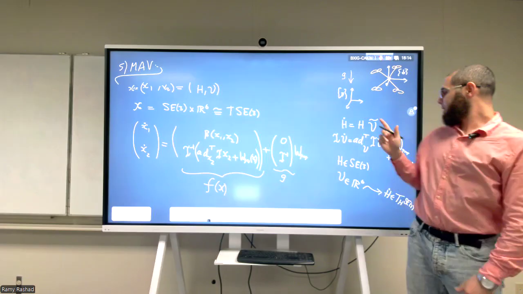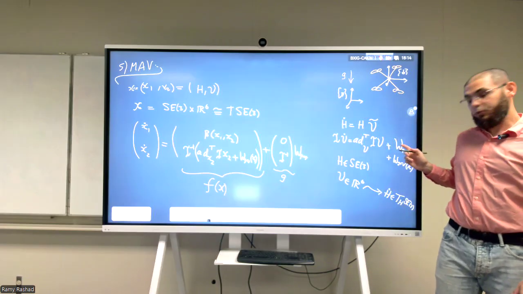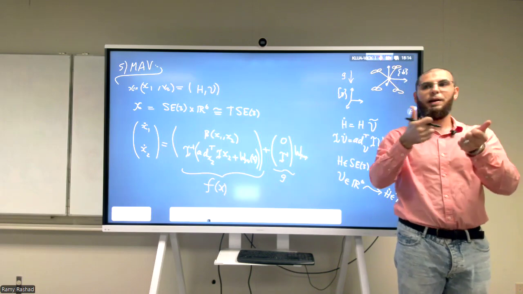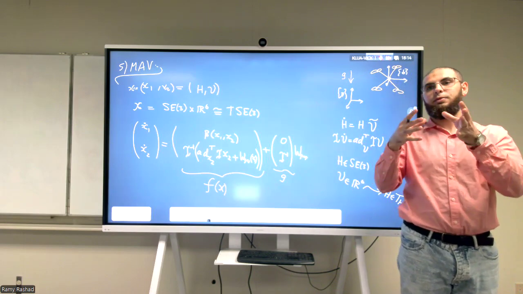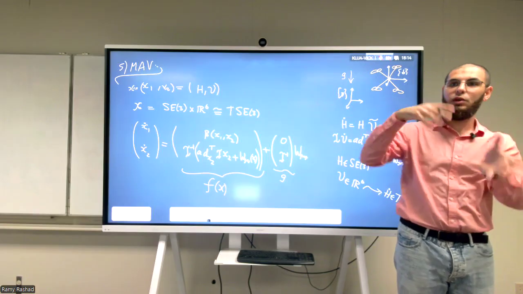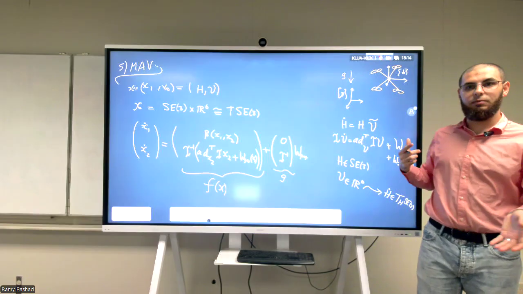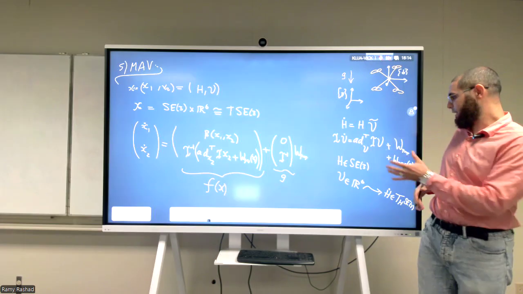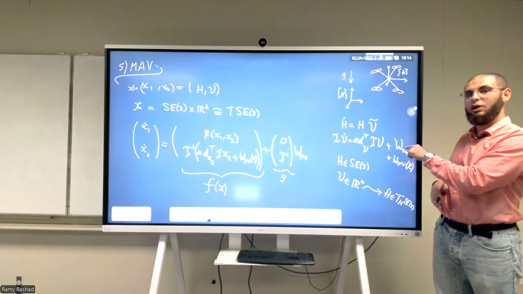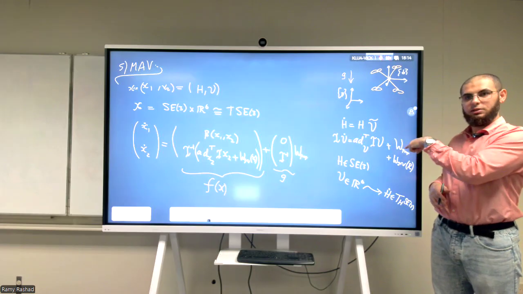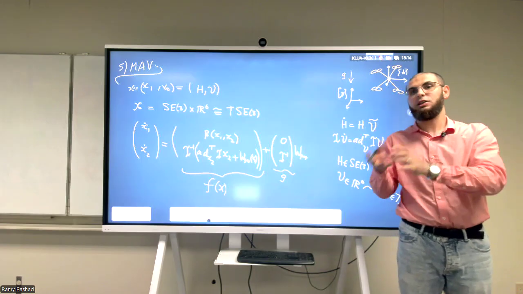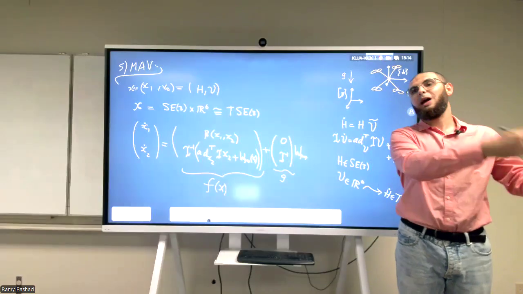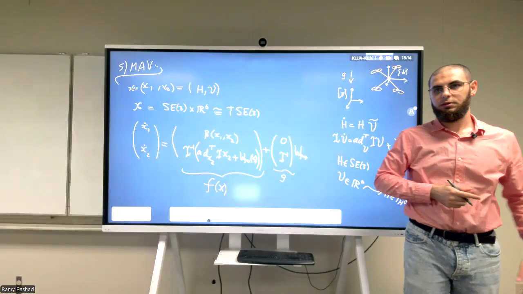So in the end, the propeller wrench would be mapped to the individual propeller thrusts by some sort of map, and this is the map that you invert. If we have a fully actuated system, you can control this equation, assuming that you have full access to the wrench. Then I can take this desired wrench and map it to the individual thrusts, and then apply the individual thrust to the propellers.